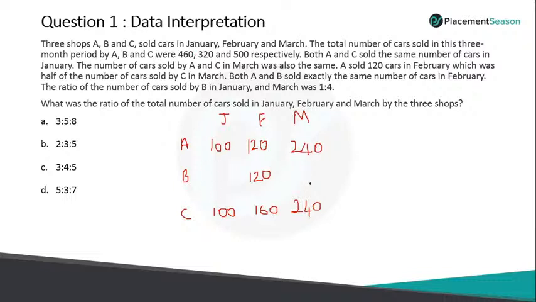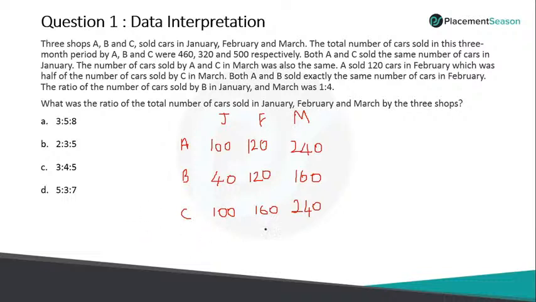This 200 should be divided in the ratio 1:4. So if I divide that 200 into 1:4, it will be here 40, here 160, right? So totally together we got the number of cars every shop sold in every single month.